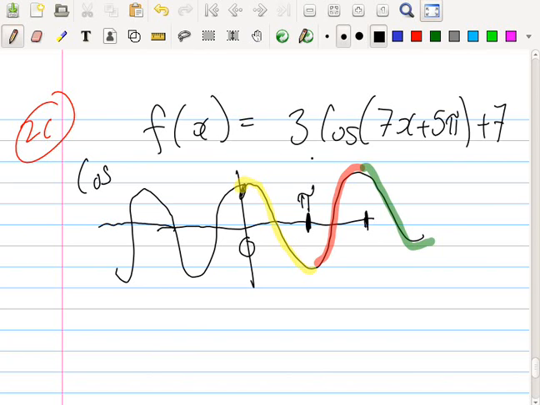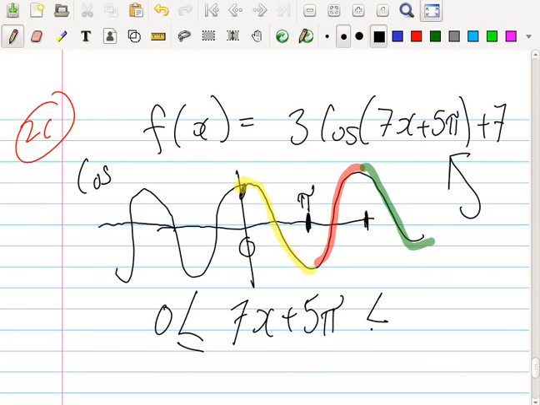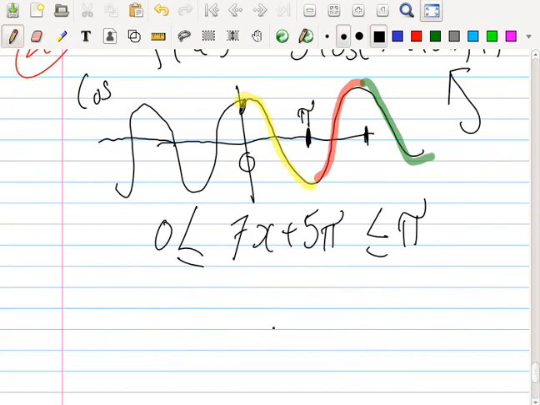Got it? Yes? So if I apply this knowledge to my function now, that means I need 7x plus 5 pi to be between 0 and pi. Looks familiar? Maybe you've seen this in semester 1, the double inequality. So what do we do first?